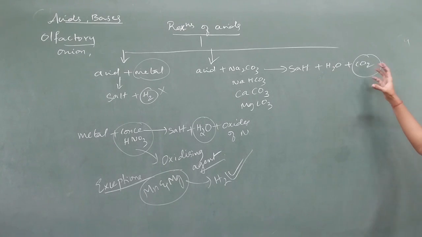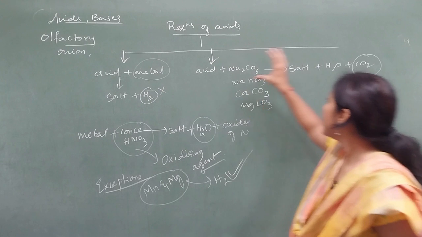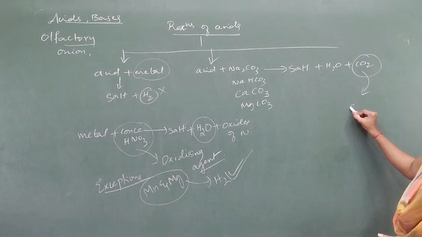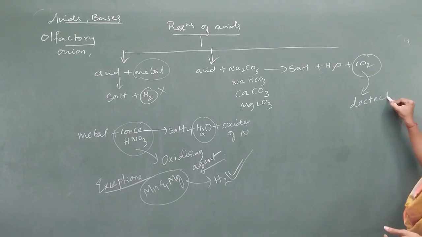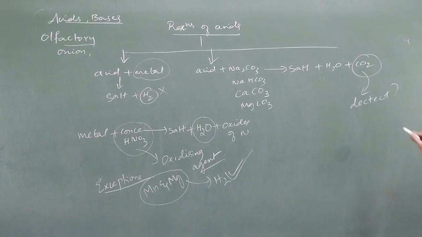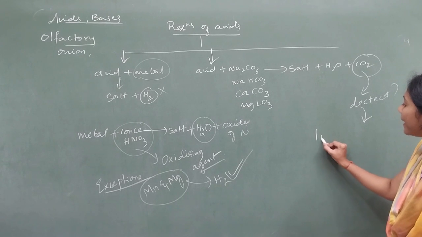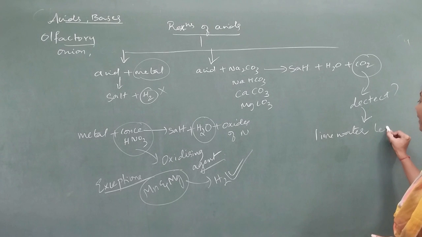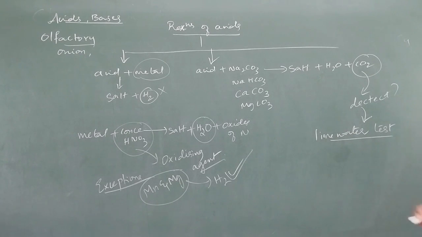Here you get hydrogen, and here you get carbon dioxide. And how do you detect carbon dioxide? That is another aspect you should know. Carbon dioxide is detected by the lime water test. You should know the chemical equation related to the lime water test.